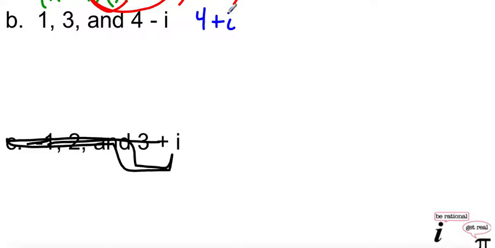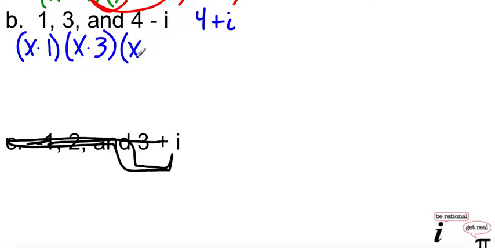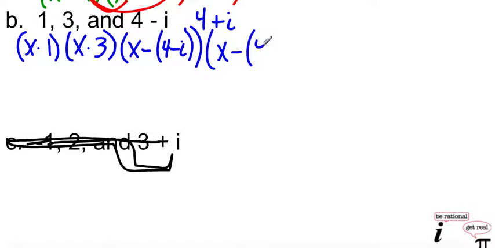So let's write the factors that go with that. This one's going to be x minus 1. This is going to be x minus 3. This is going to be x minus 4 minus i. And this one's going to be x minus 4 plus i.